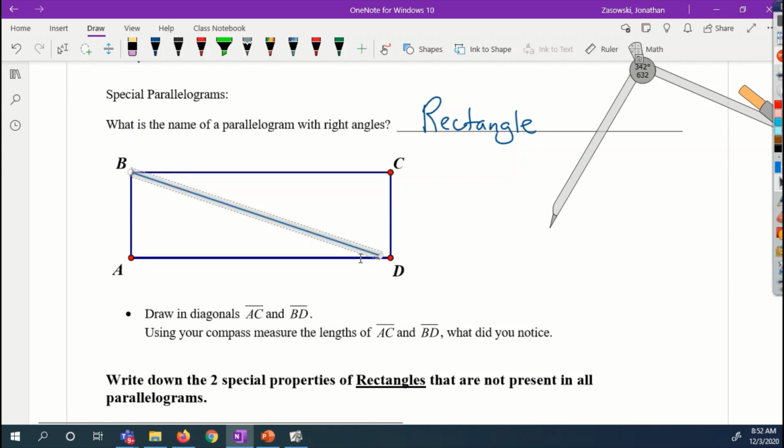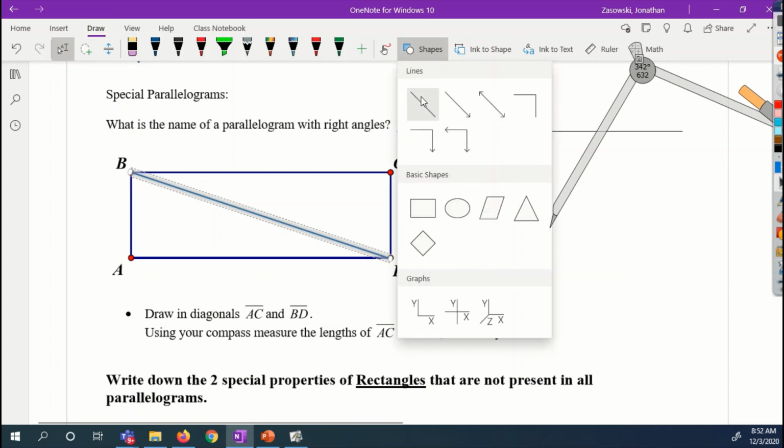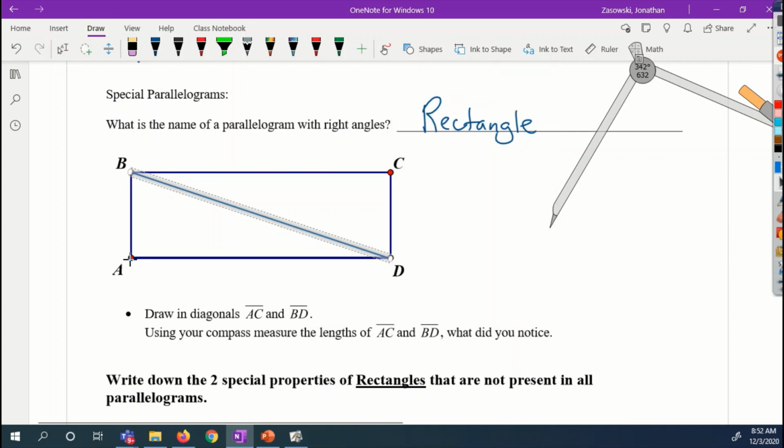So if we draw them in, lines BD and AC are going to be equal to each other.